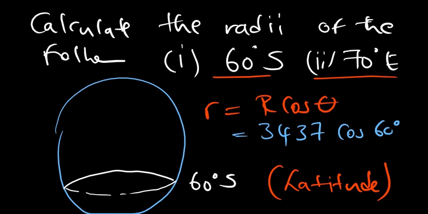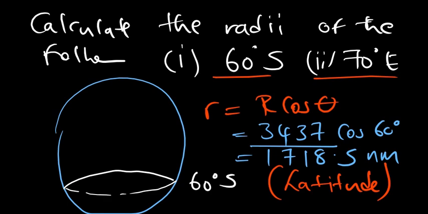Cosine of 60, if you are good at trigonometry, you understand that's half. So 3,437 multiplied by 0.5 is 1,718.5 nautical miles.